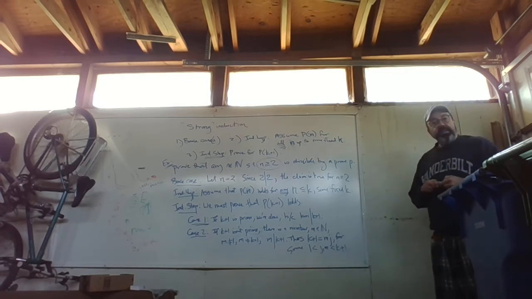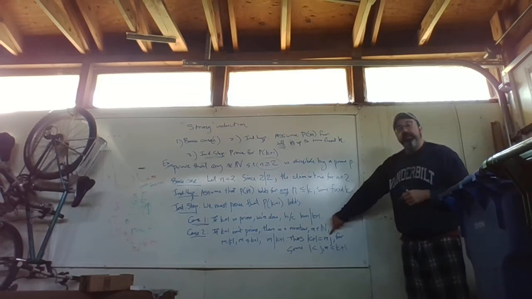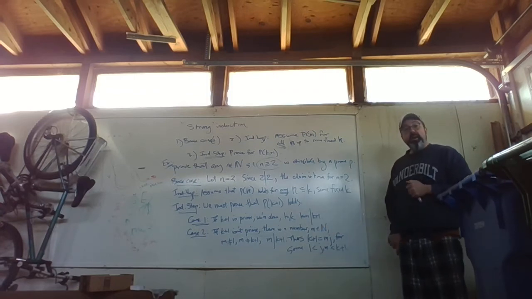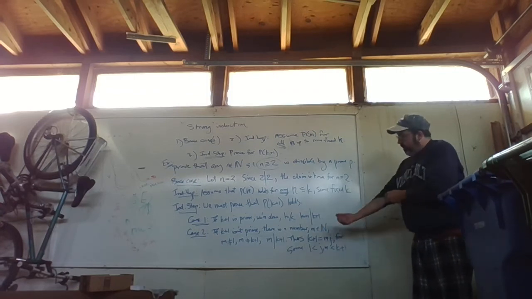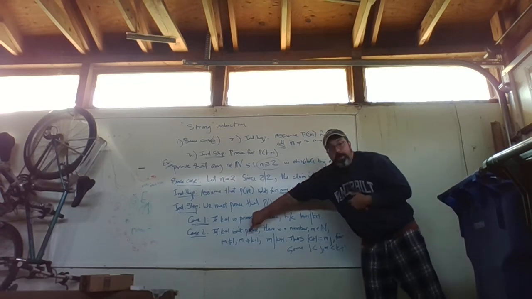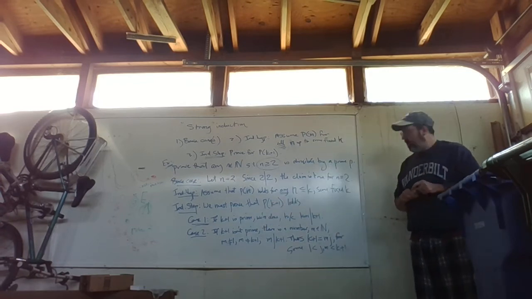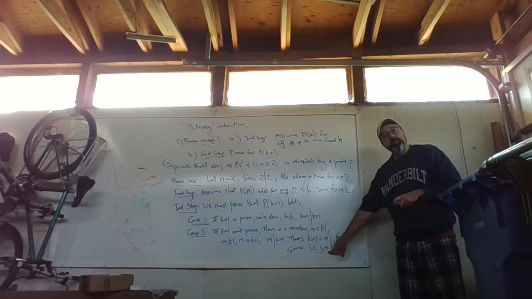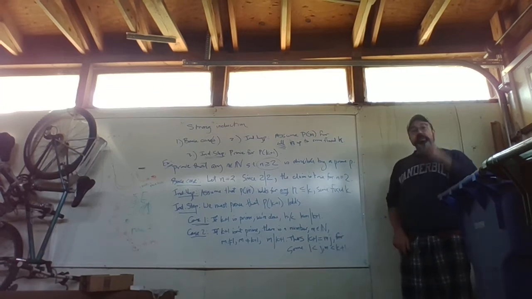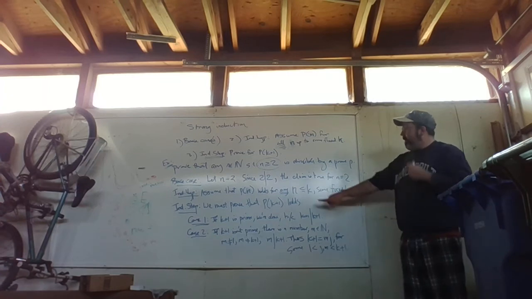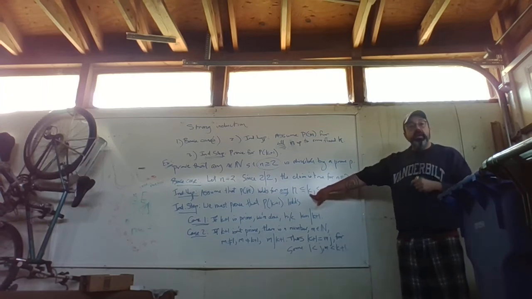There are some numbers m and j. This is what it means for m to divide k plus 1: there's some number j so that m times j equals k plus 1. But because of our assumptions on m being between 1 and k plus 1, that forces j to be in the same place. j and m are numbers between 1 and k plus 1. And that means they are numbers to which our inductive hypothesis holds.